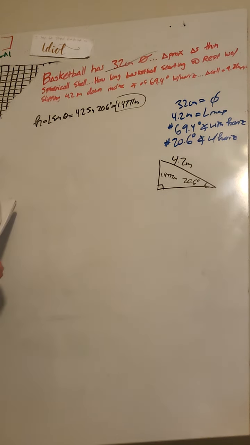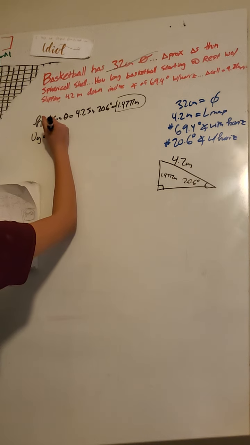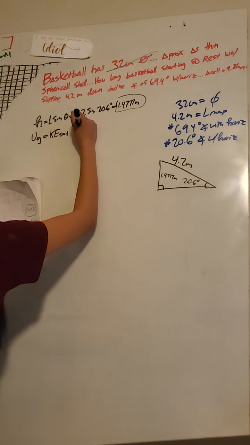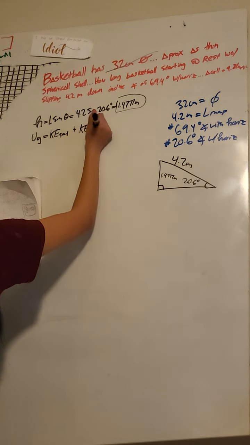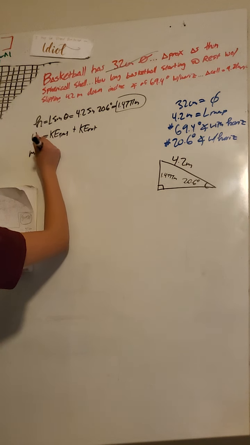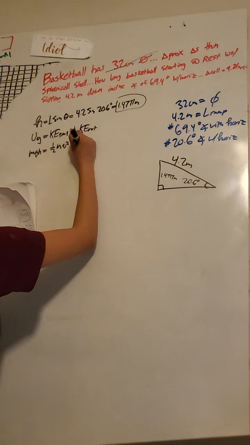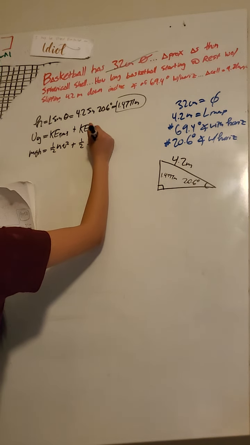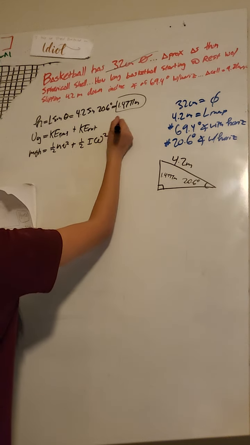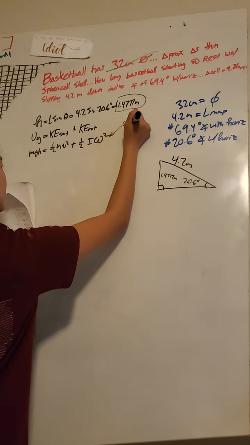If we write it out, U sub G is equal to KE trans plus KE rotational. Expanding, mgh is equal to 1/2 mv squared plus 1/2 I omega squared. And we know that omega is found by doing the velocity over radius.